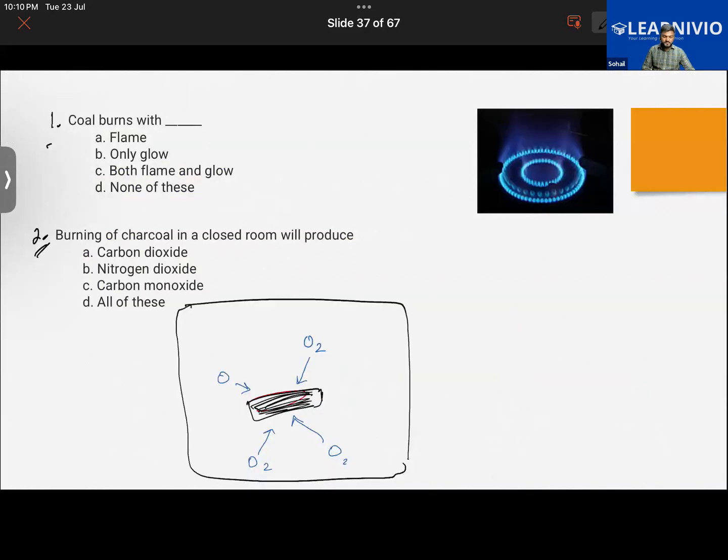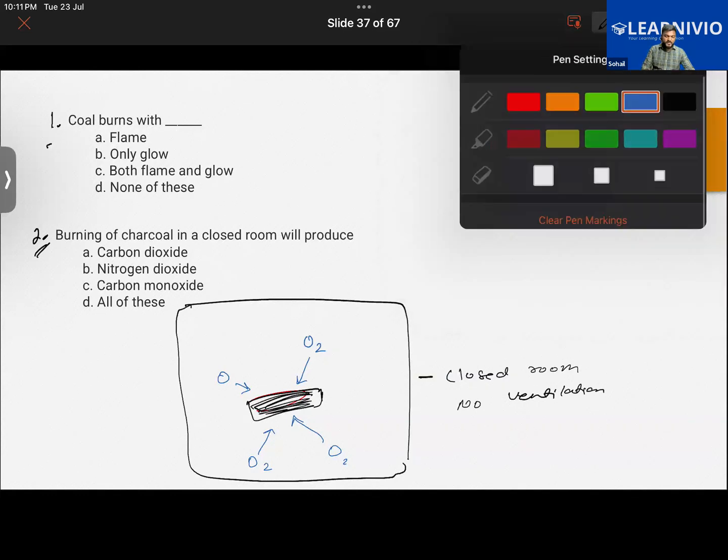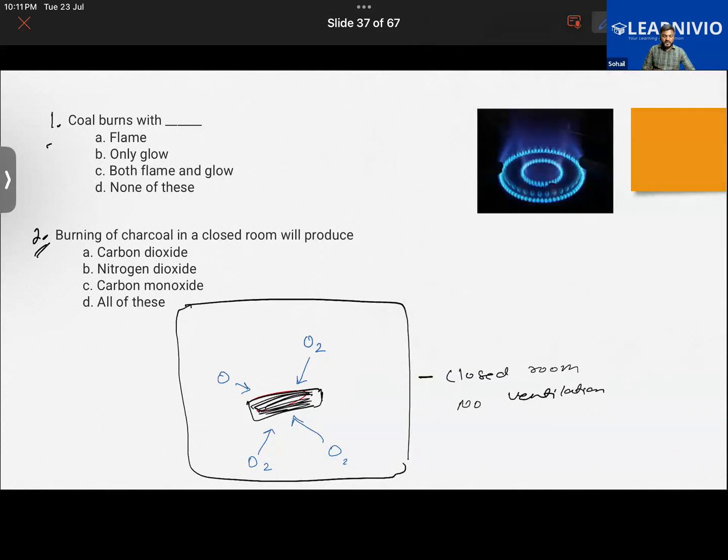Okay. So here we have a closed room and there is no ventilation in this room. There is no incoming or outgoing of air. Thereby this burning charcoal would be consuming all the oxygen present in this room, and in the process it is going through incomplete combustion, hence releasing a gas called carbon monoxide.